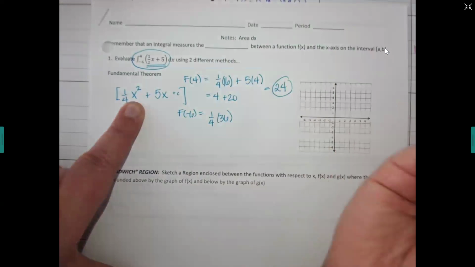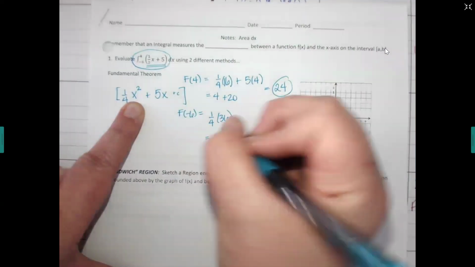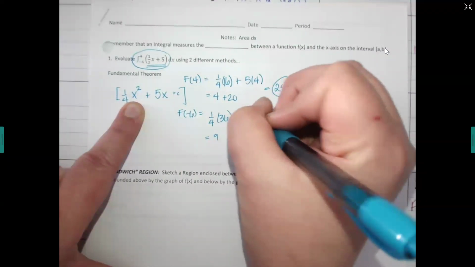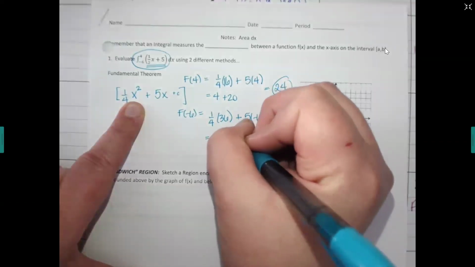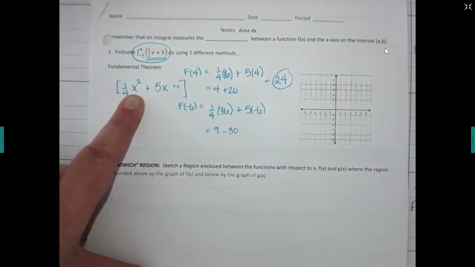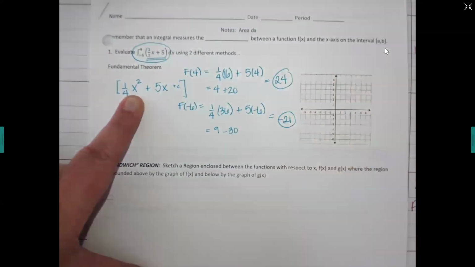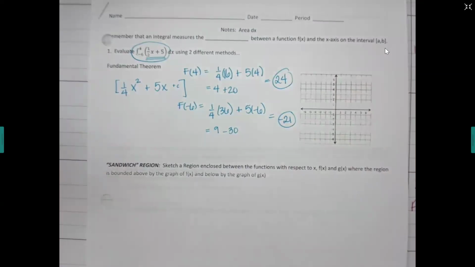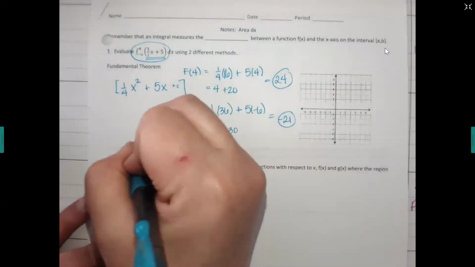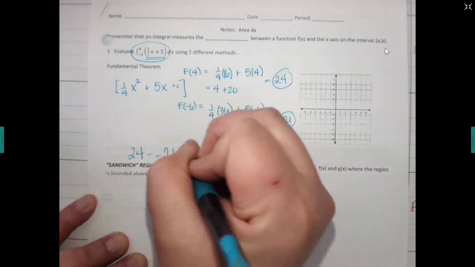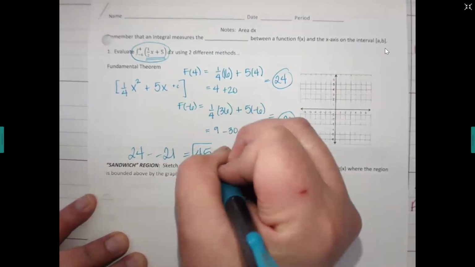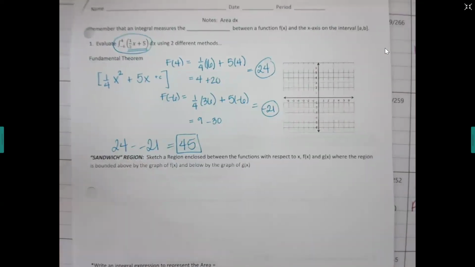Anybody got that? 9. And then plus we want 5 times -6, which would be -30. What is 9 minus 30? -21. And then what do we do with those 2 values? So it'd be 24 minus -21, which means plus. So 24 minus -21 would be 45. Okay, so that's one of the ways that you should know how to do an integral.